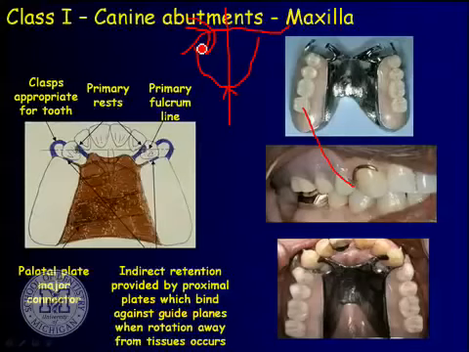So over the years, I just see lots and lots of partials on maxillary cases where there's a canine involved that, as far as I'm concerned, are just butt ugly. Because somebody didn't take the time to take a study model and survey the darn thing and see where's the height of contour.